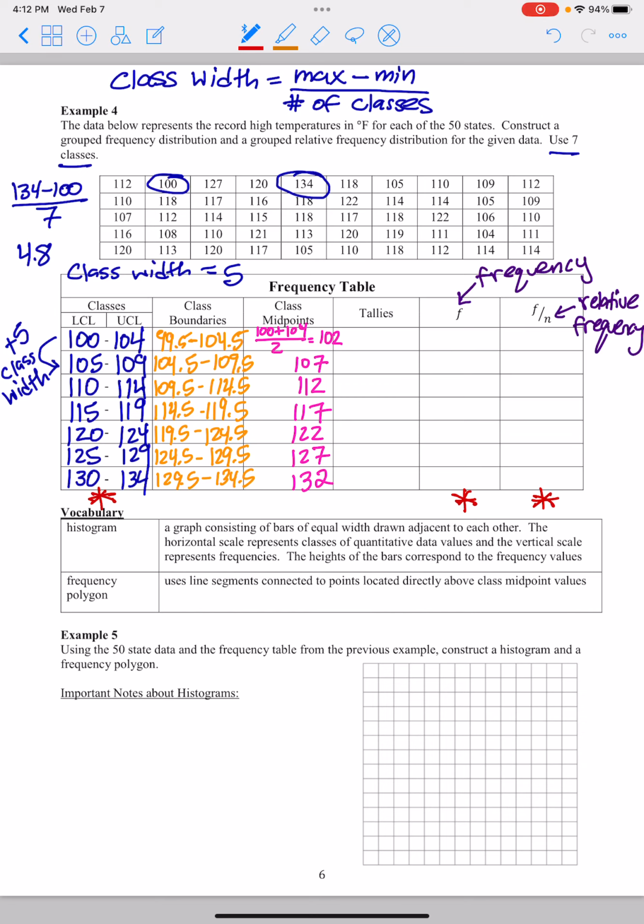So in my tallies, what I'm going to do is I'm just going to go through and I'm going to start in my first box. It says 112. And 112 would fall into this third class. So I'm going to put a tally there to help keep track. And then 110 also falls there. 107 is in the one before it. 116 is in the fourth one.